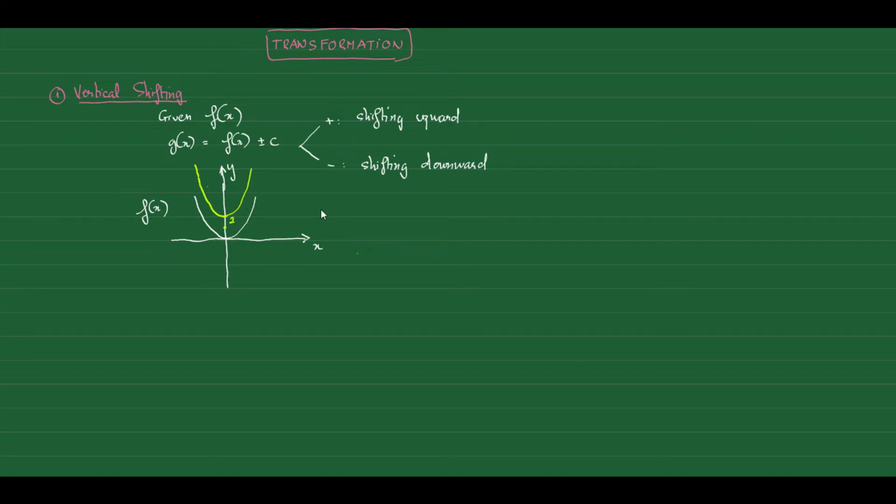This is the function I'm going to call g of x, equal to f of x plus 2. Or I can shift downward 2 units. So my new function will be something like this. There you go.